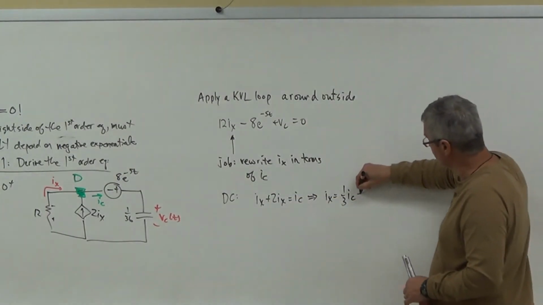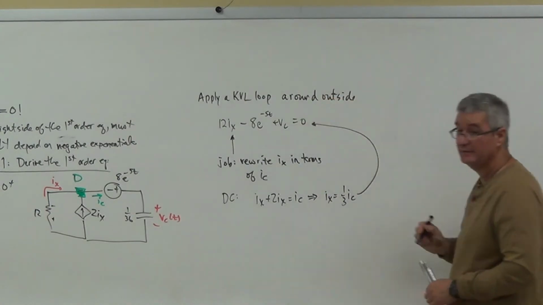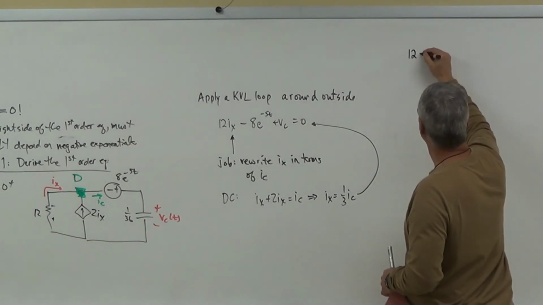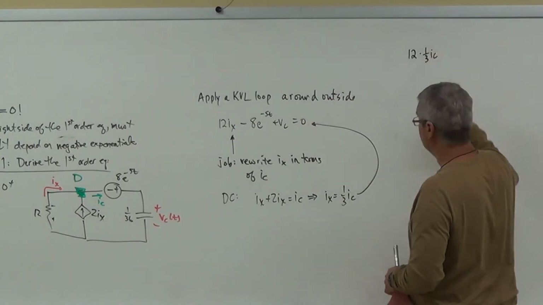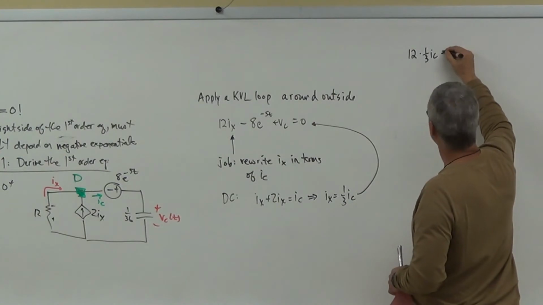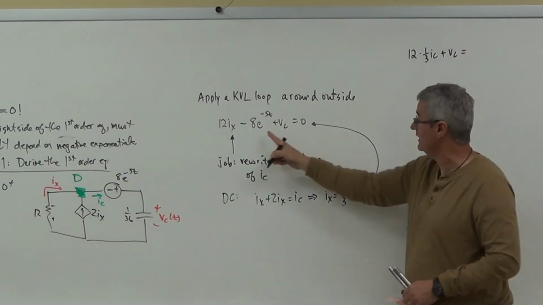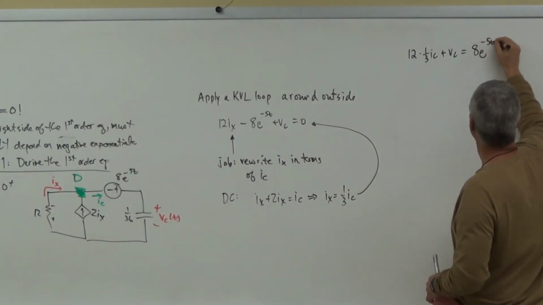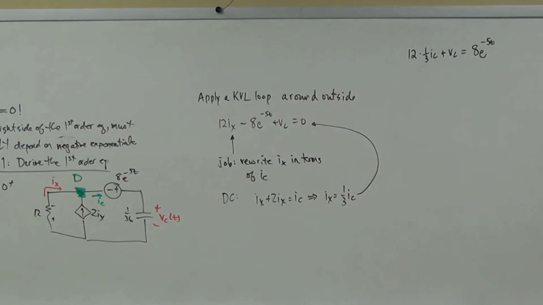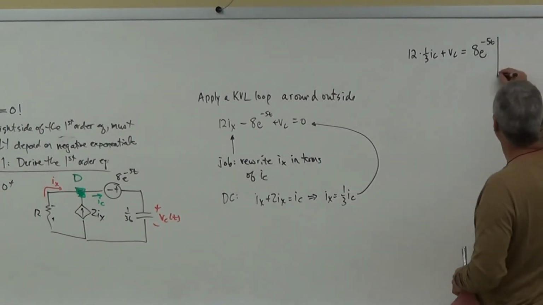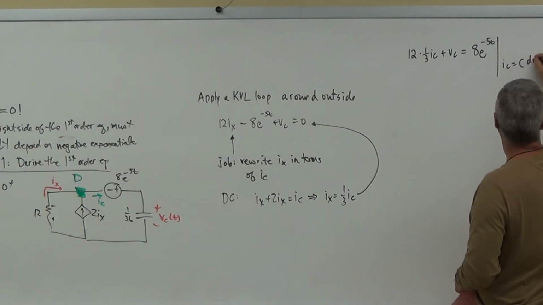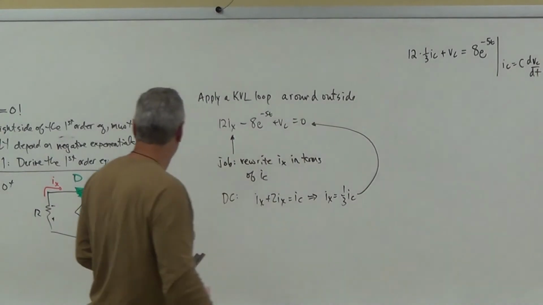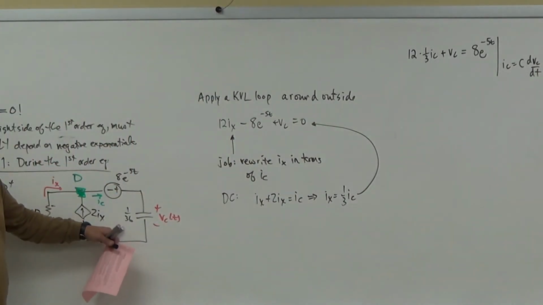So now I'm going to take this and plug it right into here. If I do that, I'm going to get 12 times 1/3 IC plus VC equals, then I'm going to take this to the other side, 8e to the minus 5t. Now let's clean this up a little bit. How am I going to clean this up? IC, so this is 36 here.